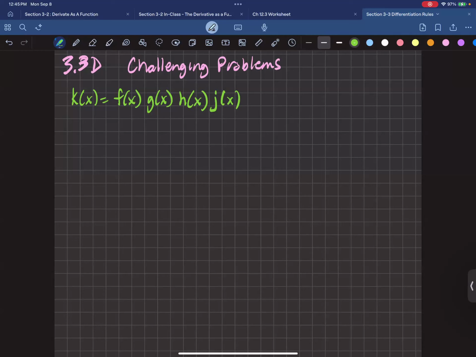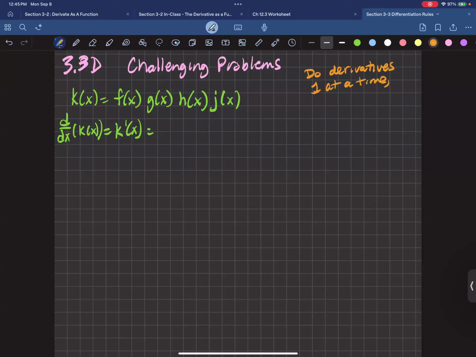Rather than doing a bunch of extra work, the easiest way to find d dx of k of x, or k prime of x, is do the derivatives one at a time, left to right.